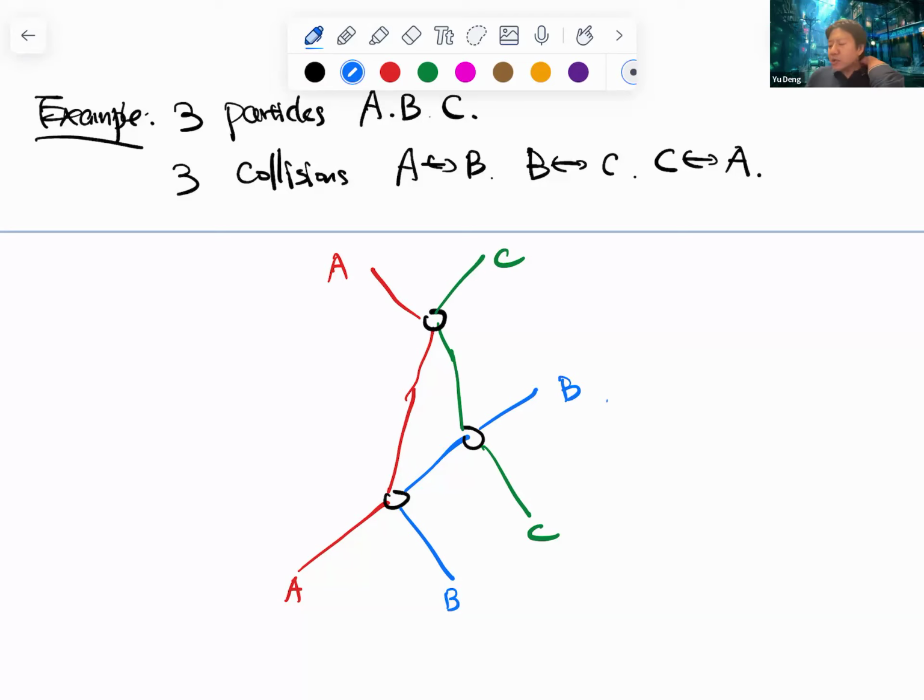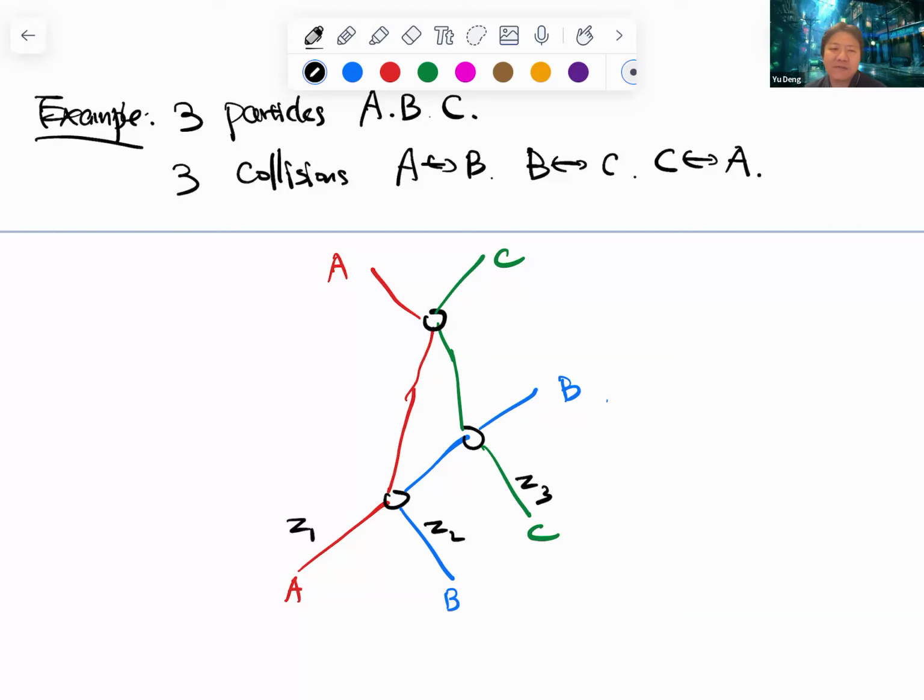So here we want to define the variables that completely determine this collision diagram. Let's say we have Z1, Z2, Z3. These are the incoming initial position velocities of the particles A, B, C. If we know Z1, Z2, Z3, then this completely determines the other variables.